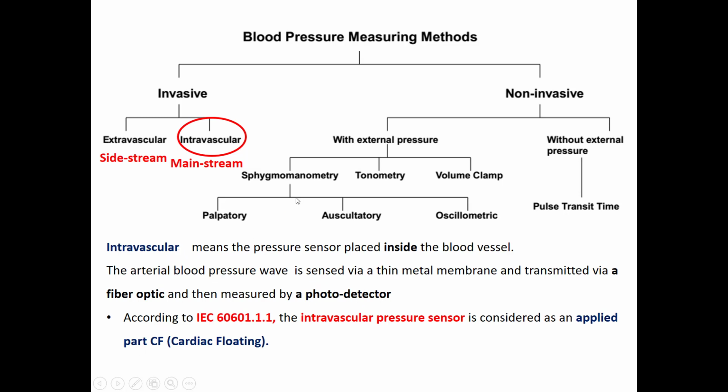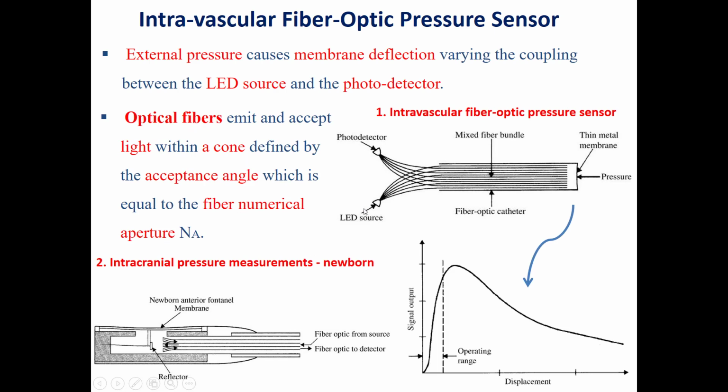It's classified as applied part CF according to IEC, similar to the extravascular one. We can see in this slide two types of intravascular pressure sensor. Both of them are made of fiber optic. The design is very simple.